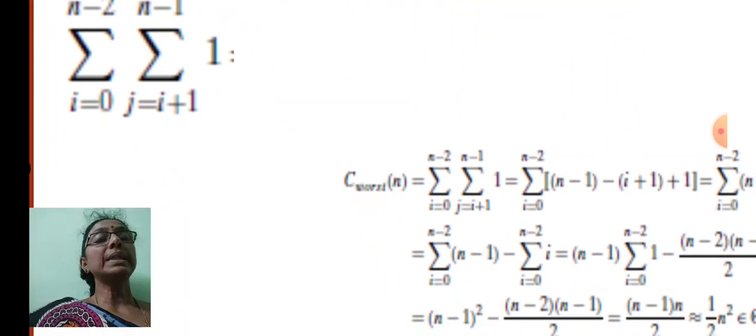We analyze the algorithm using the two summation formulas. The worst case is calculated from the two for loops executed exactly once each: the summation of i from 0 to n minus 2 of the summation of j from i plus 1 to n minus 1 of 1. The inner loop is calculated first, then the outer loop.